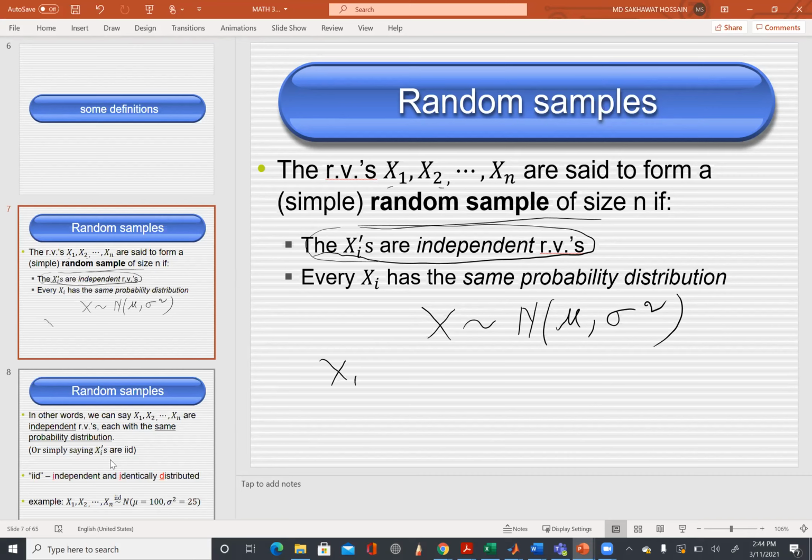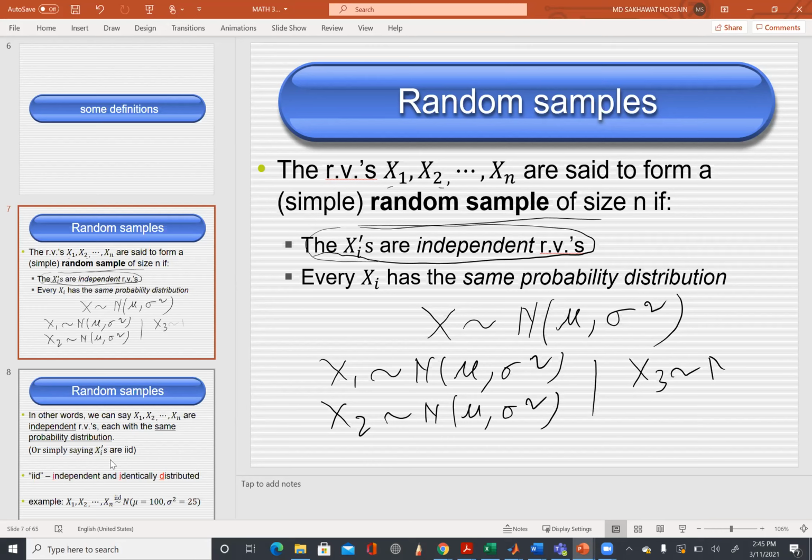So for example, if x1 follows a normal distribution with mean mu and sigma square, then x2 also should be normal with mean mu and sigma square, and x3 also, and up to xn. So they should be independent and they should follow the same probability distribution.